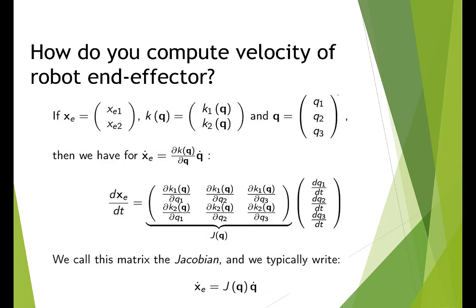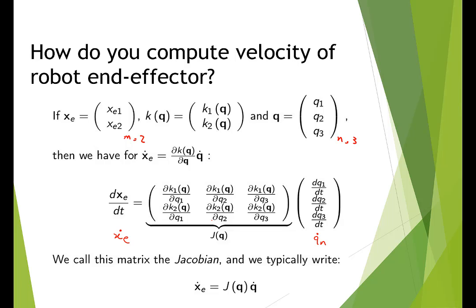With this equation, considering this case where the end effector has two variables, so m is 2 here, and we have 3 joint inputs, simply by taking the derivative with respect to time, we can calculate the Jacobian that would give us the velocity of the robot end effector as a function of the velocity of the joints. This term, which we showed is called the Jacobian, is the partial derivative of forward kinematics with respect to joint variables.